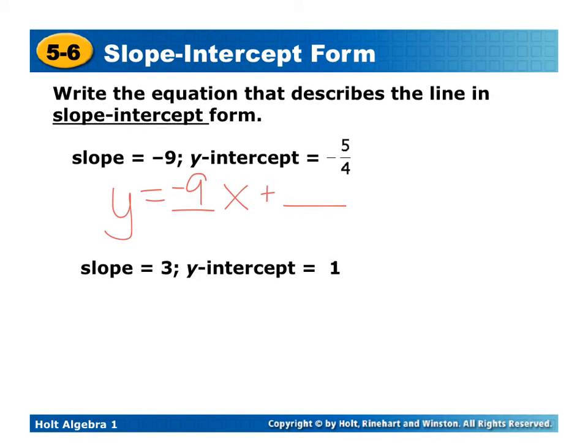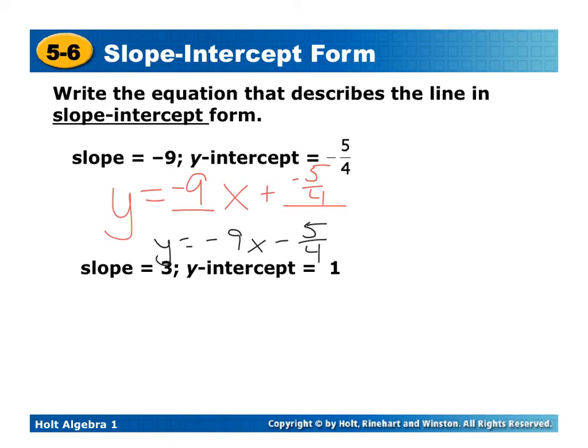And then our second blank is our b, which is our y-intercept, -5/4. For this particular problem, because it's plus and negative, we could still write this equation as y equals -9x, but instead of plus and negative, we could write it as just minus 5/4. So keep that in mind whenever you're looking at equations later.